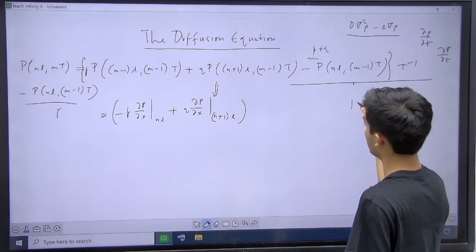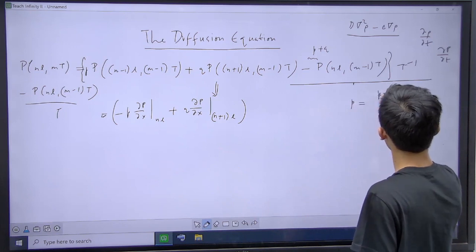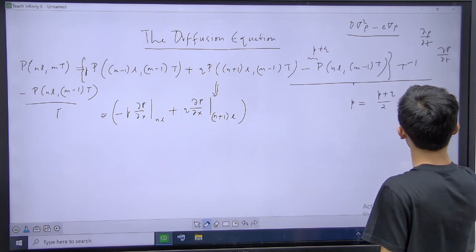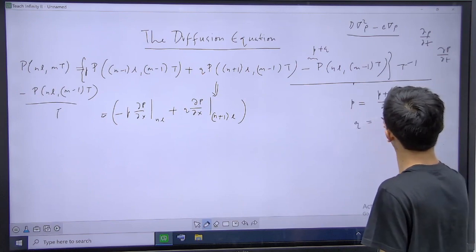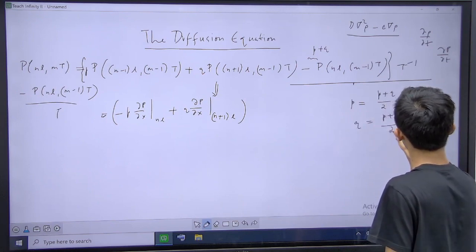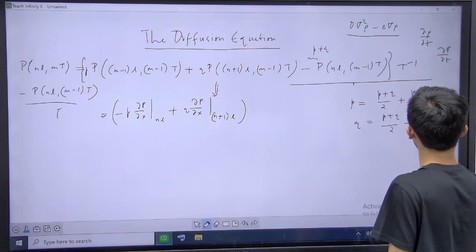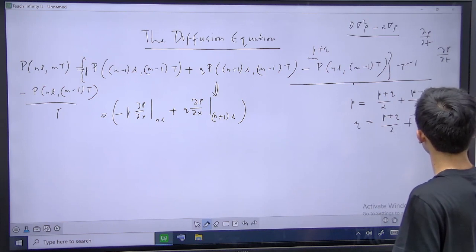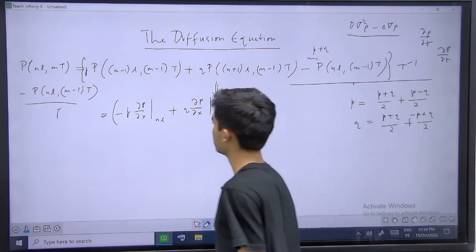I will write P as (P plus Q)/2 plus (P minus Q)/2, and Q as (P plus Q)/2 minus (P minus Q)/2. Or if you say, I can make it minus Q minus Q, right?